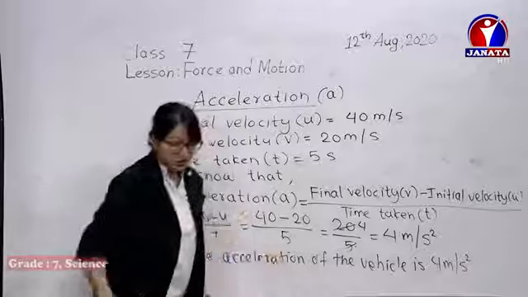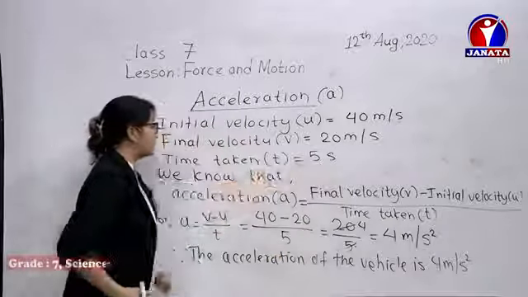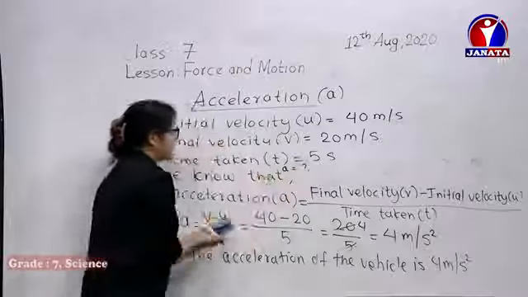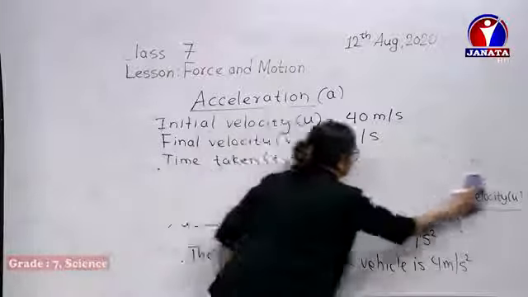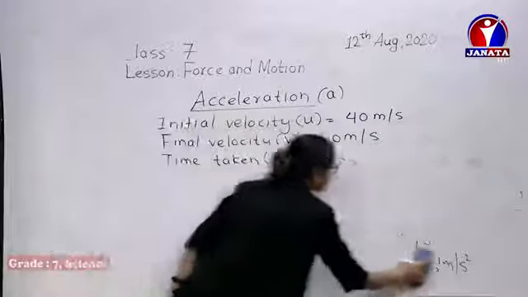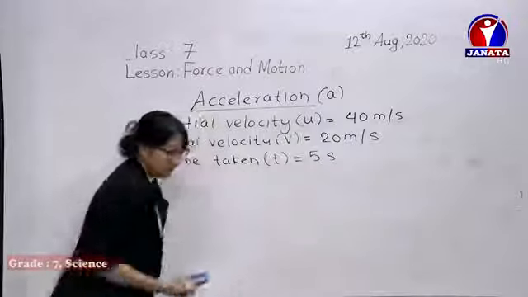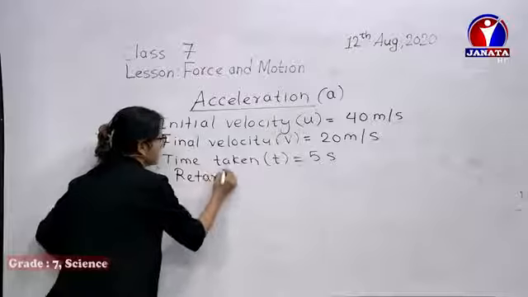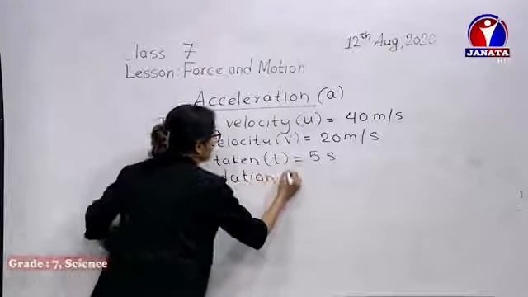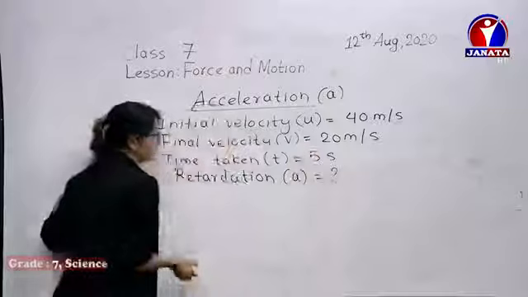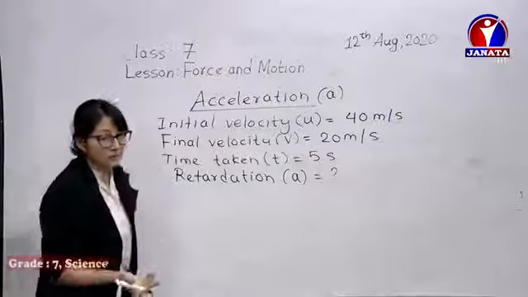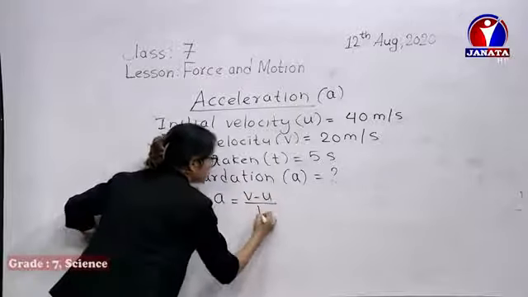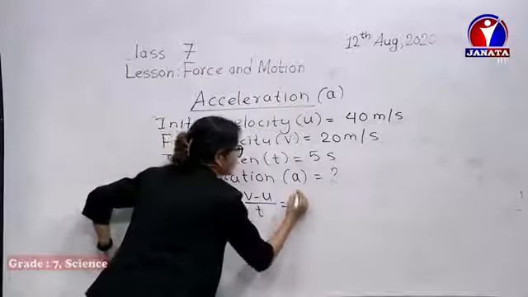Then if I simply change the values here, after time taken t, I forgot to write here, let me write: negative acceleration or retardation. We are solving related to retardation. Retardation A equals what? Its formula is similar to acceleration: A is equal to V minus U by T. Your V is now 20.